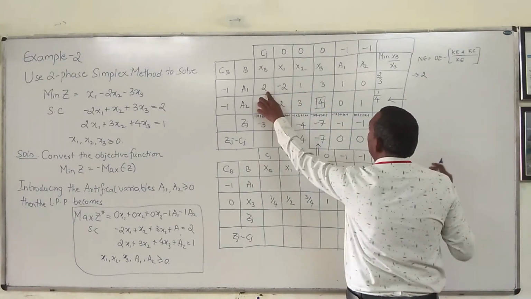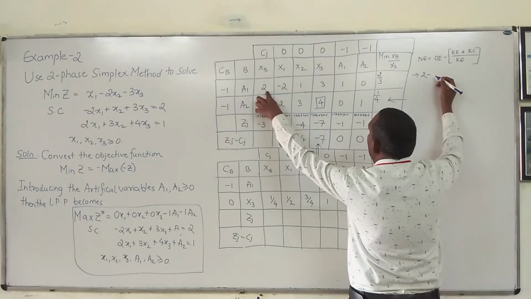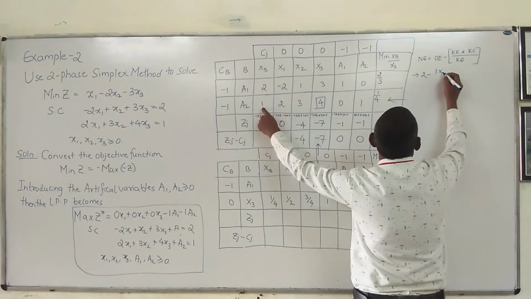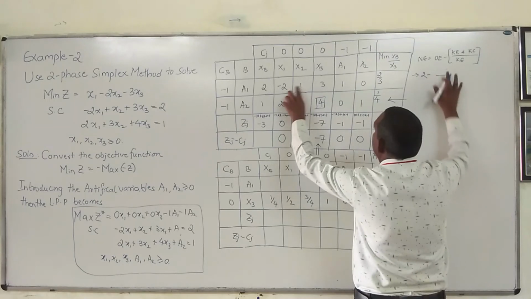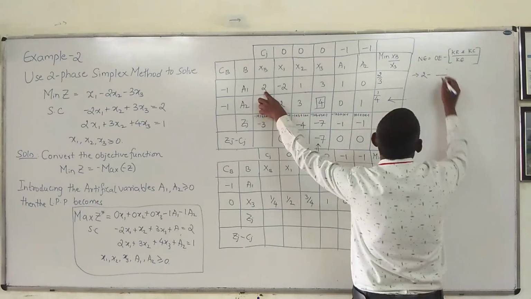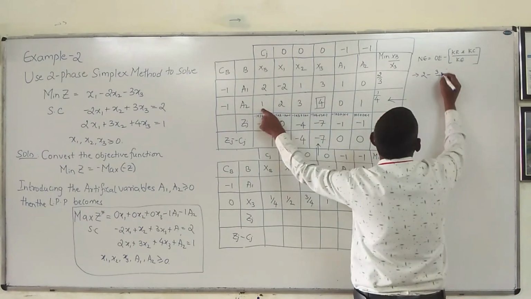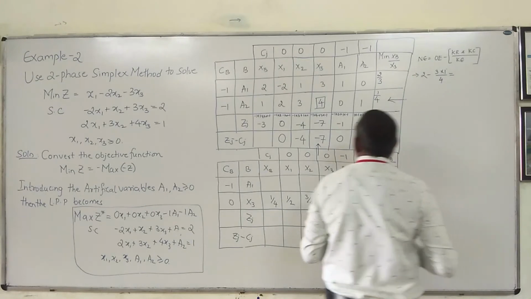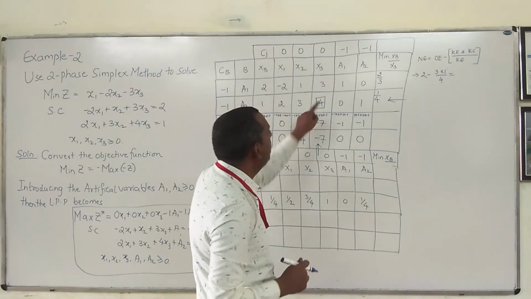So it is 2 minus the product of key row and key column, that is 1 divided by 4. That is 2 minus 3 into this divided by 4.